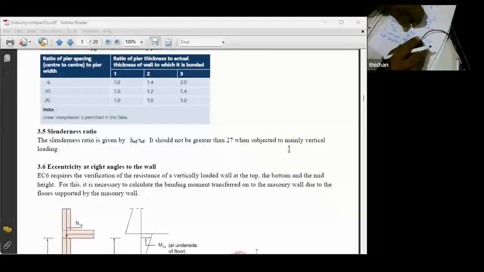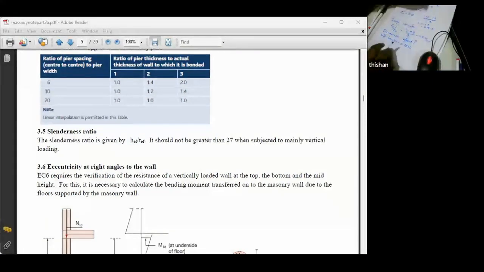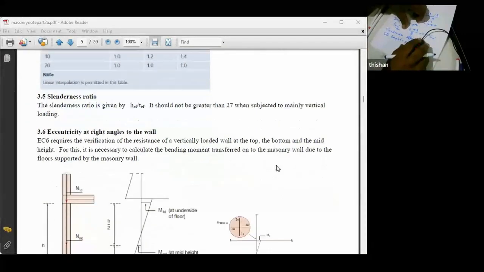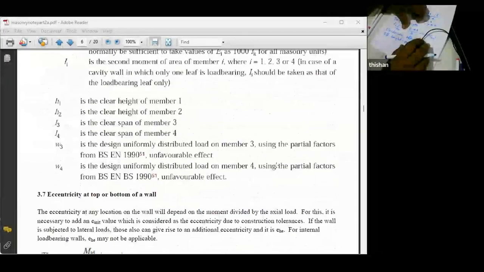So you can see the maximum slenderness ratio is HEF divided by TEF and should not be greater than 27. So if we consider our case, we can calculate the slenderness ratio.